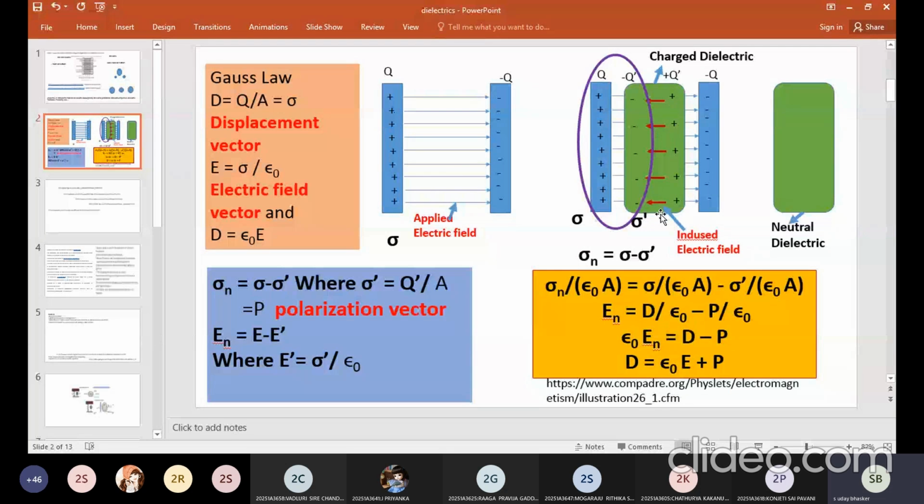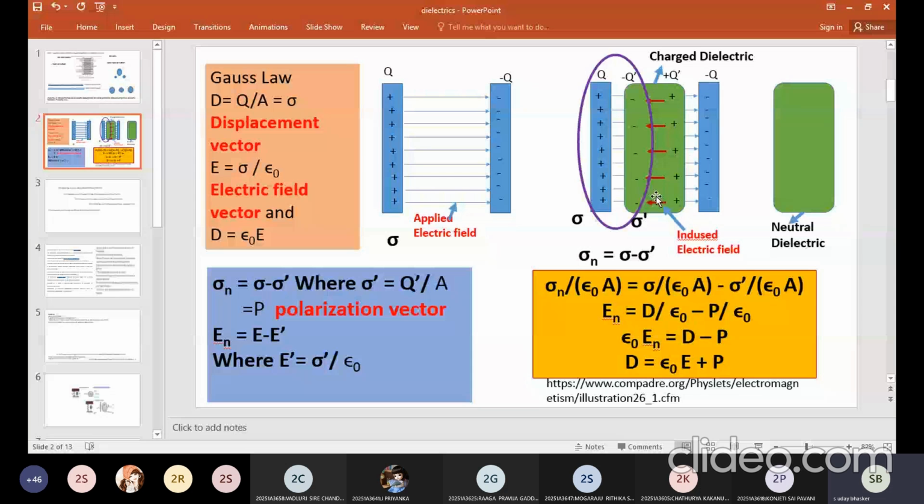Because of this polarization, there are some induced charges. That means the charges which were not there earlier got generated, negative charges as well as positive charges. So this neutral dielectric material, when placed in an external electric field, gets polarized, and we get negative and positive charges separated.